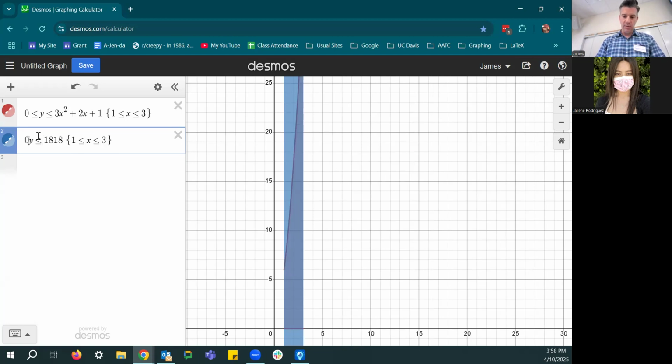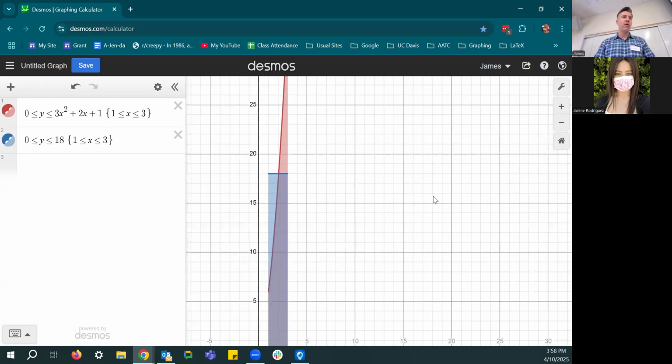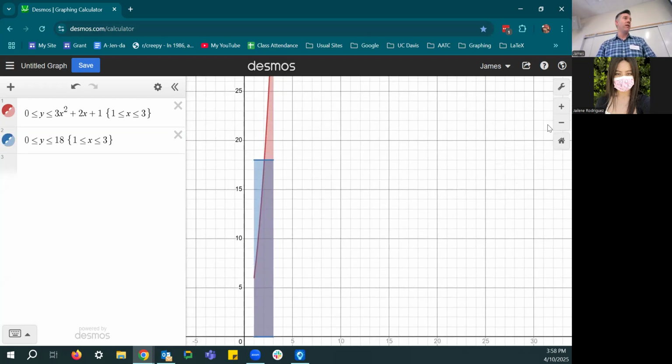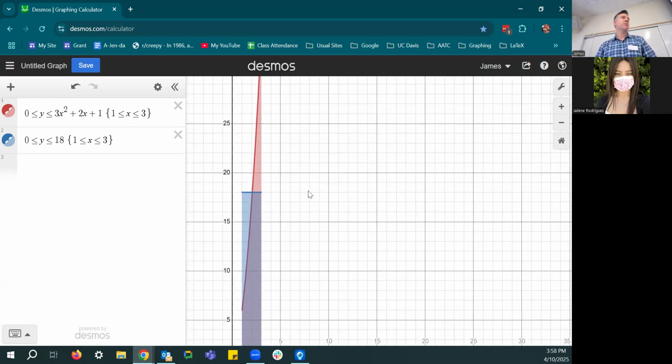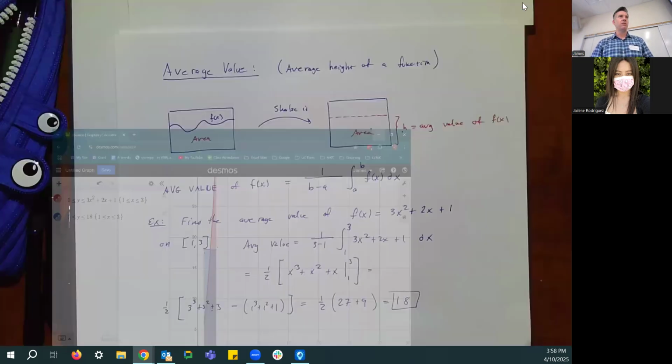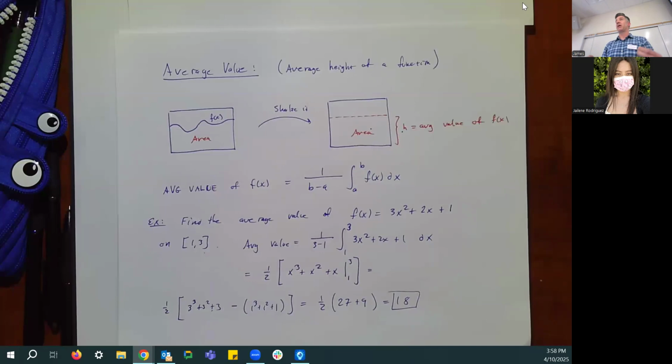So that blue area there should be the same as all the red area that we're seeing. It's the average value. It's the average height. This little missing part here is exactly how much area we have up there. Kind of cool. So average value, really easy to calculate. You just do the integral, divide by the length of the interval by subtracting the top value minus the bottom value. All right.